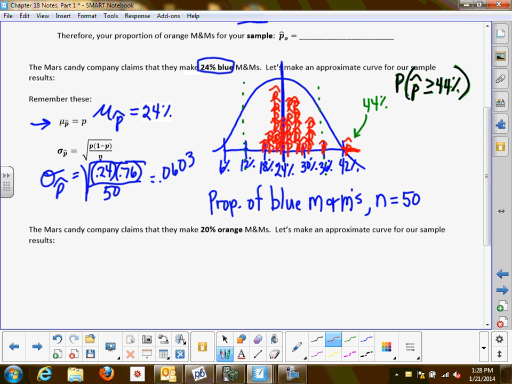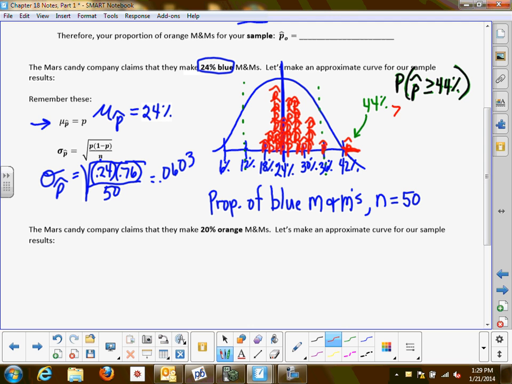How do I do that? Not 1 minus, well, I guess I could do 1 minus, but I still need to go a particular direction with this. Z-score. Correct.